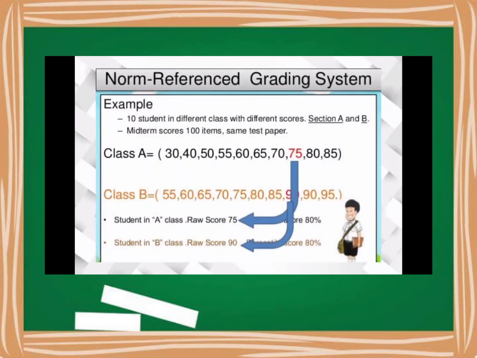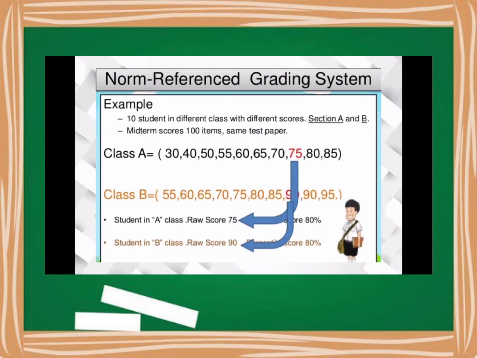Here is another example. 10 students in different classes with different scores, Section A and Section B. Midterm scores, 100 items, same test paper. Here shows the dataset for Class A and Class B. A student in Class A has a raw score of 75.